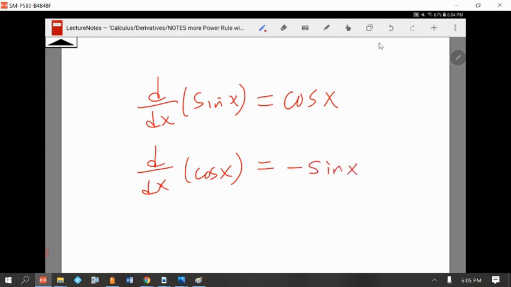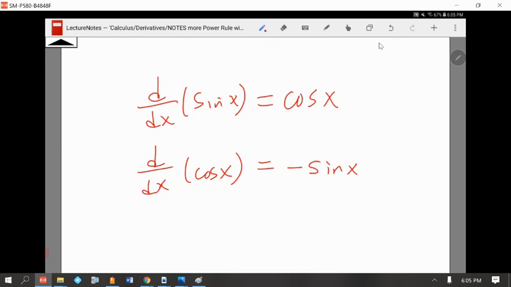Exactly, I heard you all saying it. So these are two rules that are not really the power rule. I'm not multiplying the coefficient times the exponent and dropping the exponent down one. I'm just memorizing these rules because I don't want to have to do the limit as delta x approaches 0 of f of x plus delta x minus f of x all over delta x. Makes sense? So these are two new rules.